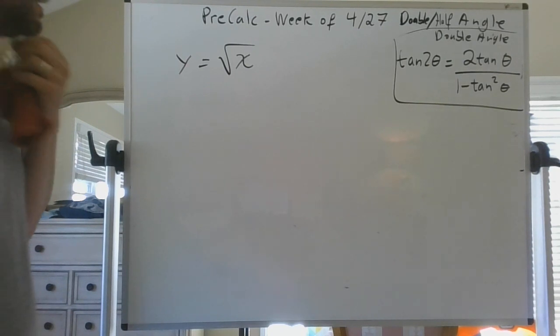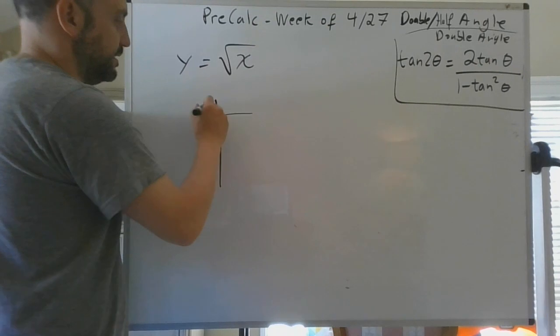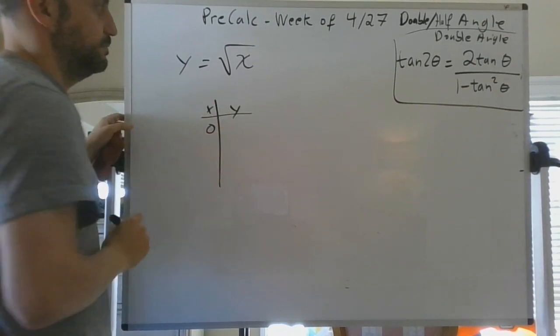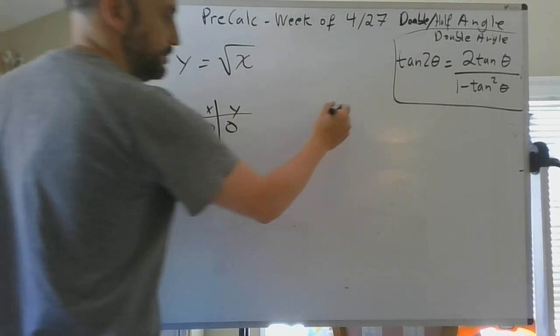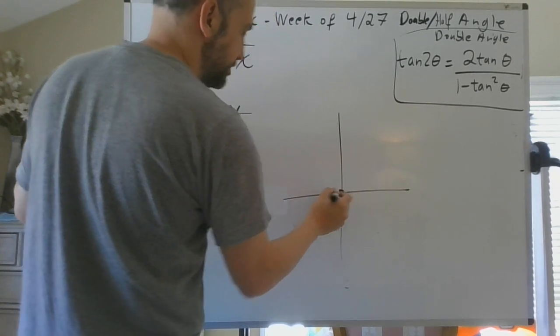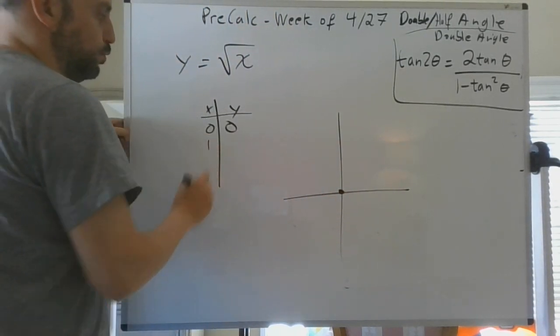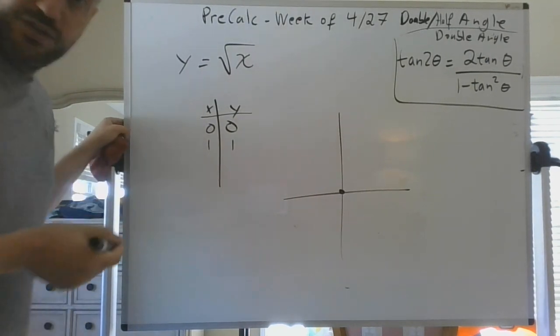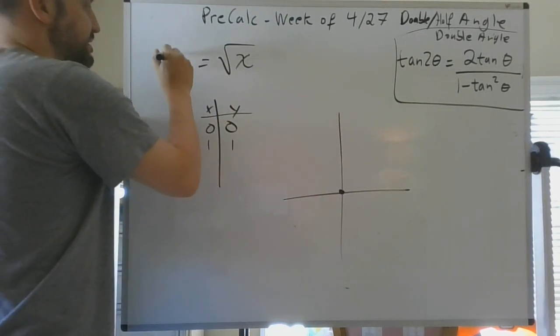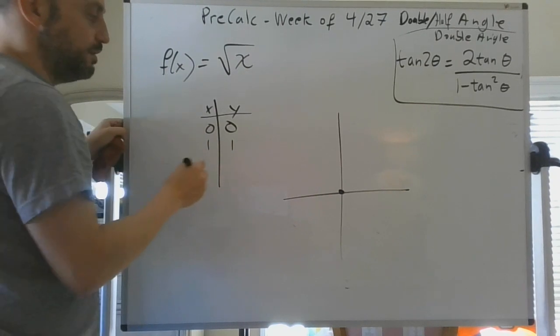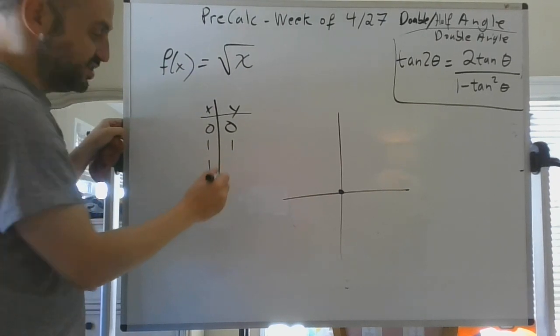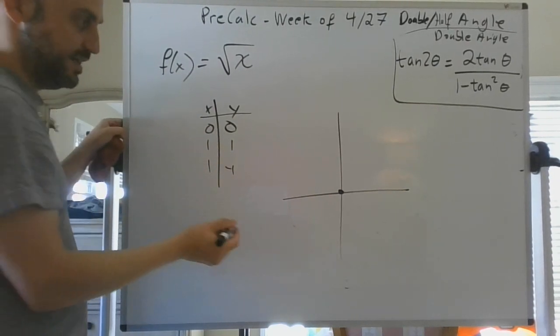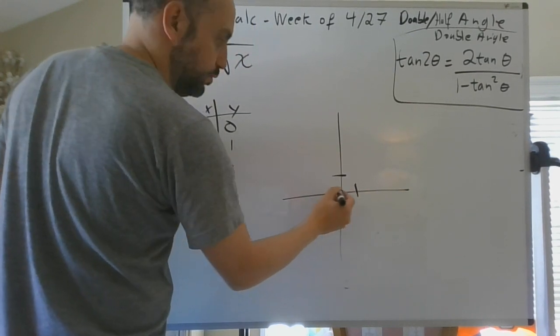What you get on something like this is if I were to plug in 0 for x, that would get 0. Great. If I put 1, well, the square root of 1 is 1. Now, you may also say, well, you know what, I'm going to make this an f of x. Well, you may also say, well, the square root of 1 is actually also negative 1. I can graph that. So 1, 1.